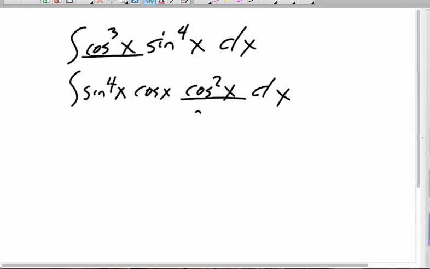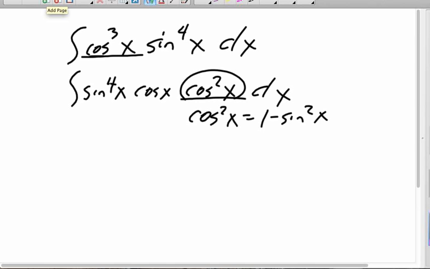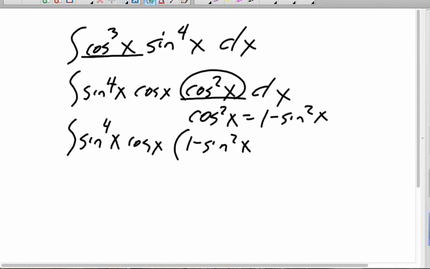And then I use the Pythagorean identity. Cosine squared of x is 1 minus sine squared of x. And I convert the rest of these cosines into sines that I distribute in. I have the integral of sine to the fourth of x cosine of x times 1 minus sine squared of x dx.